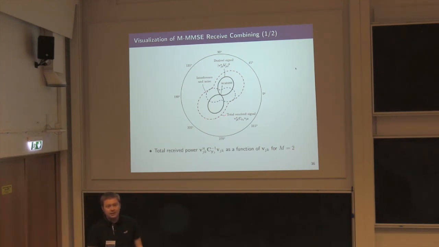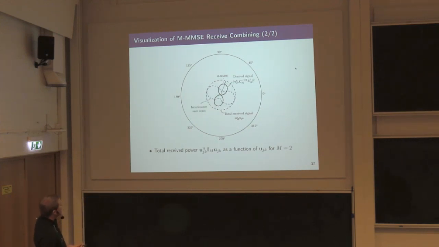And if I whiten the signals, as I described, now it doesn't matter in which direction I put my combining vector in the whitened case, because I should always get the same received signal. I whiten it so the correlation matrix is an identity matrix.